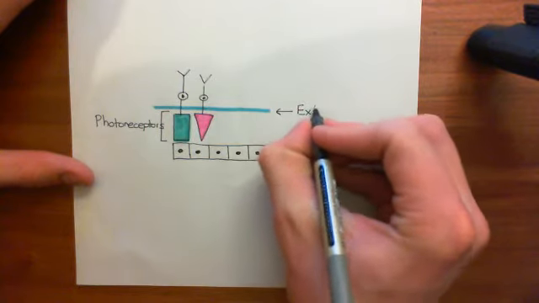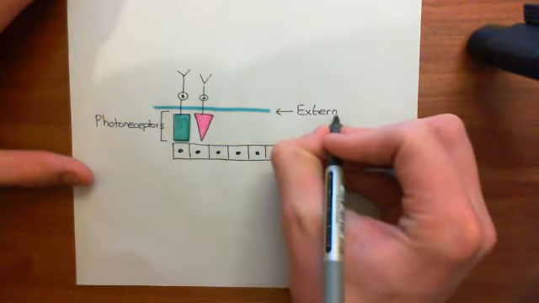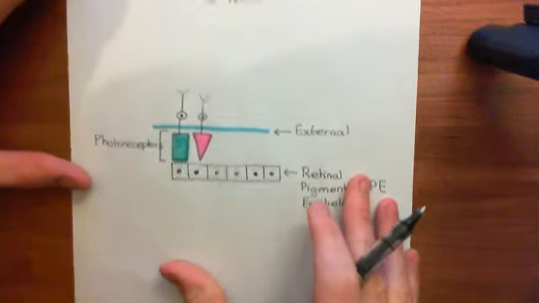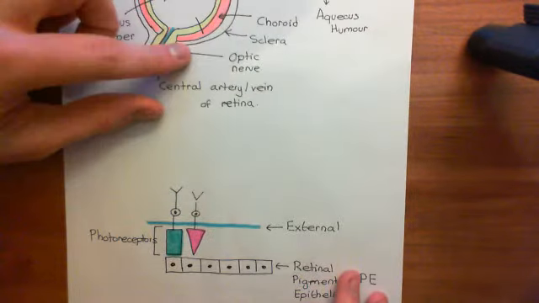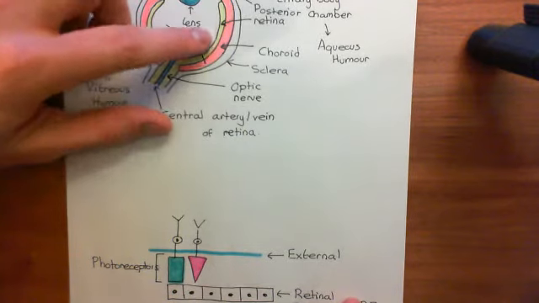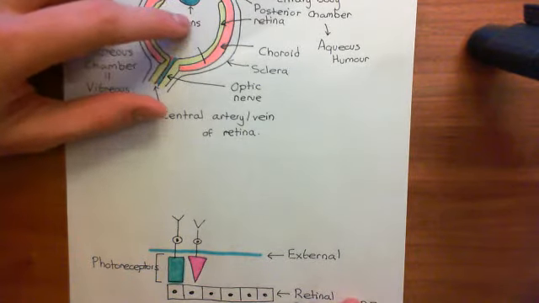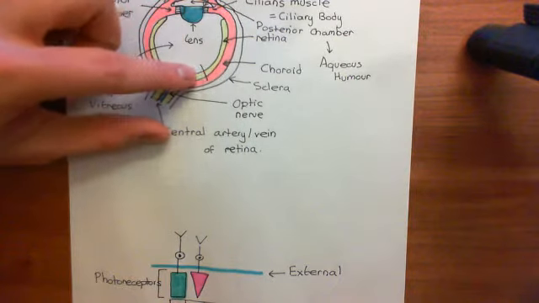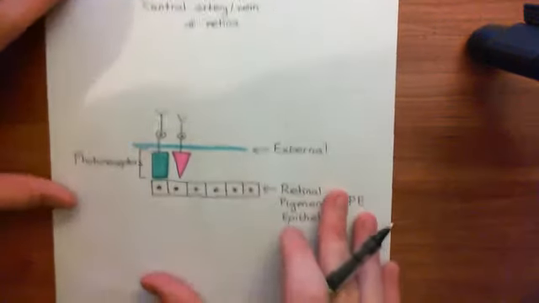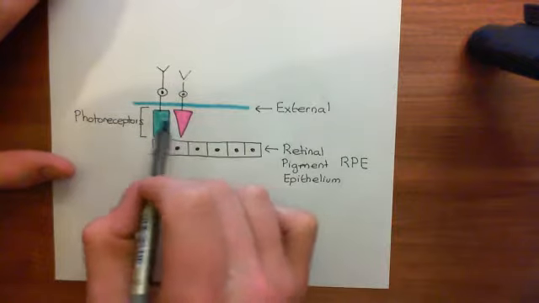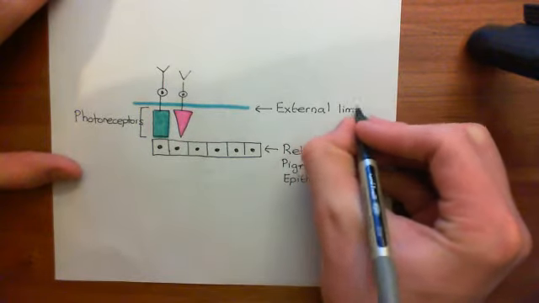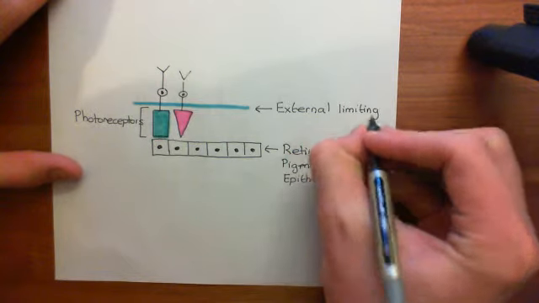Now, there's also going to be an internal limiting membrane, and the reason this is the external one is that this faces the most externally. The internal one is going to be right on the internal aspect of the retina, facing the vitreous chamber, whereas this is quite far out. It's just after the photoreceptive portions of the rod and cone cells. Okay, so this is the external limiting membrane.